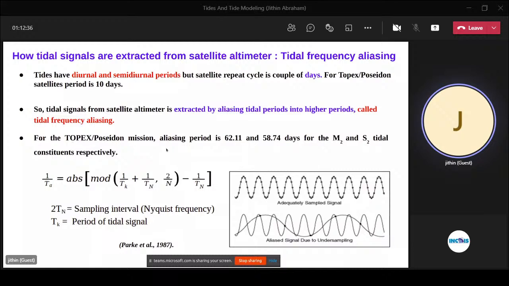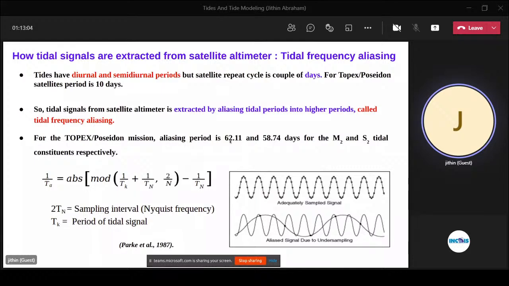For Topex/Poseidon missions, the aliasing period is about 62.11 and 58.74 days for M2 and S2. The actual period of M2 is about 12.42 hours, but to extract the tidal amplitude from the satellite data, this tidal period is aliased to 62.11 days.